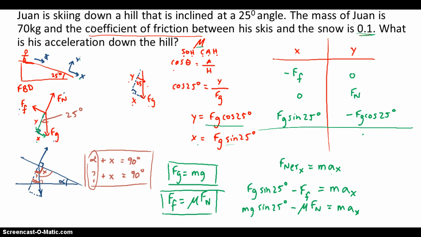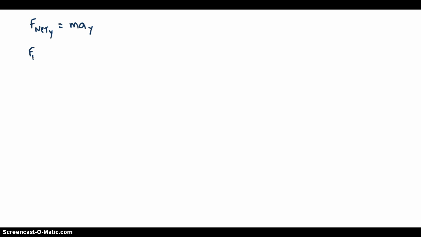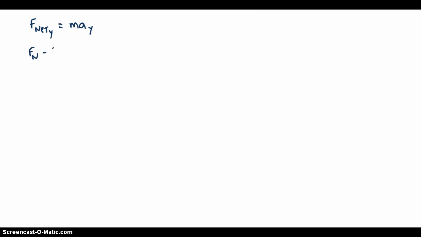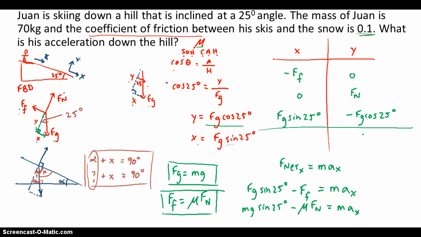The net force in the y direction is the mass times the acceleration in the y direction. So all of our forces in the y direction, we've got Fn minus Fg cos 25. So that's just these two added together.